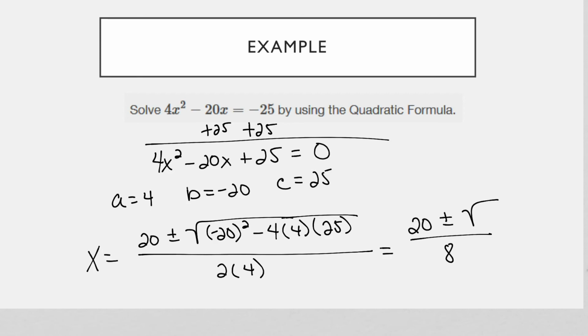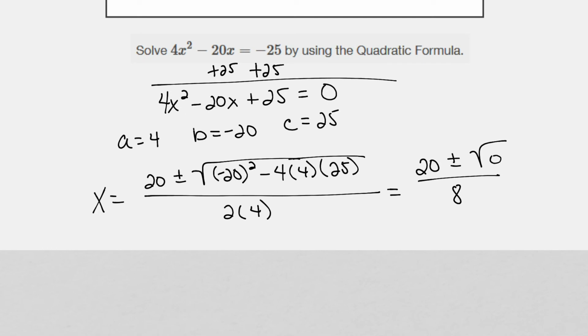I get 0. I can take the square root of 0. That's pretty easy. So I get 20 plus 0 over 8 and 20 minus 0 over 8. Incidentally, plus 0 and minus 0 are the same thing, right? So 20 over 8 reduces to 5/2.